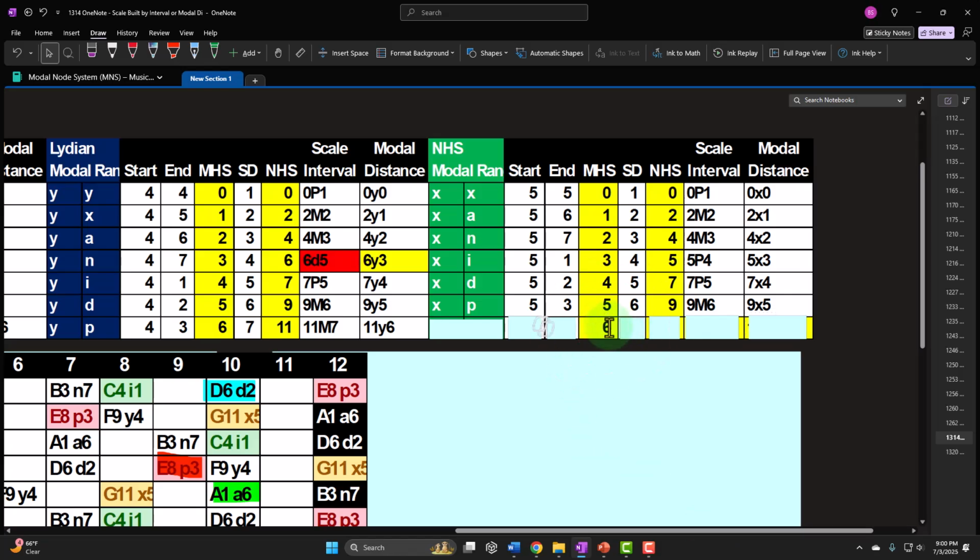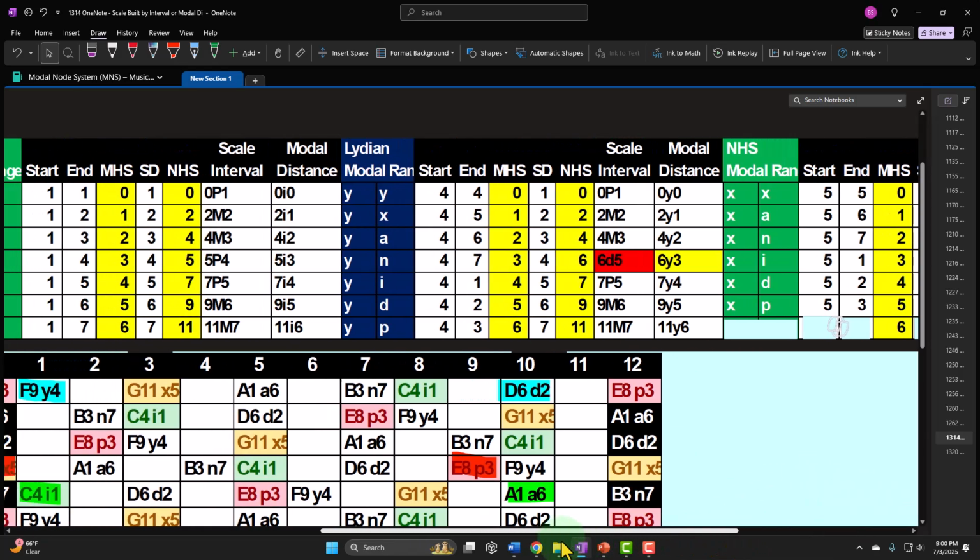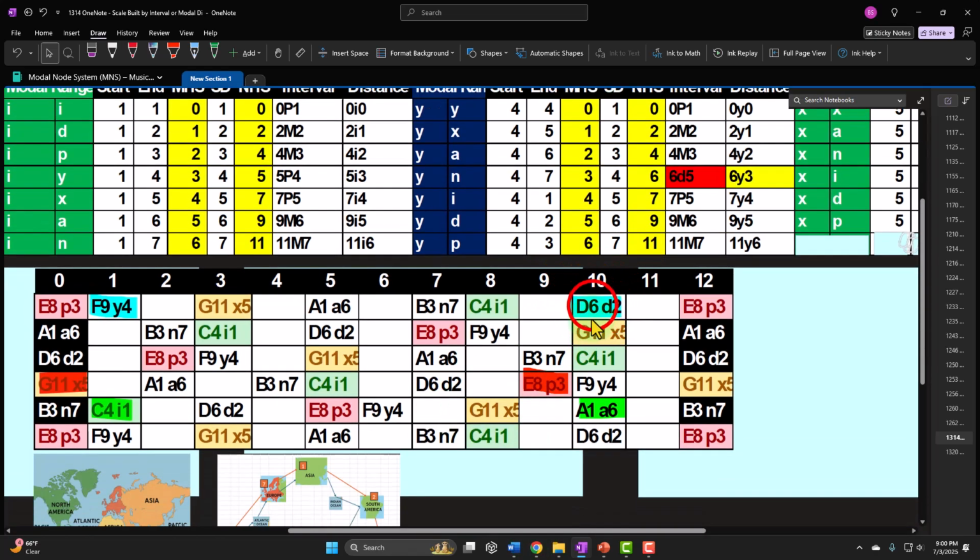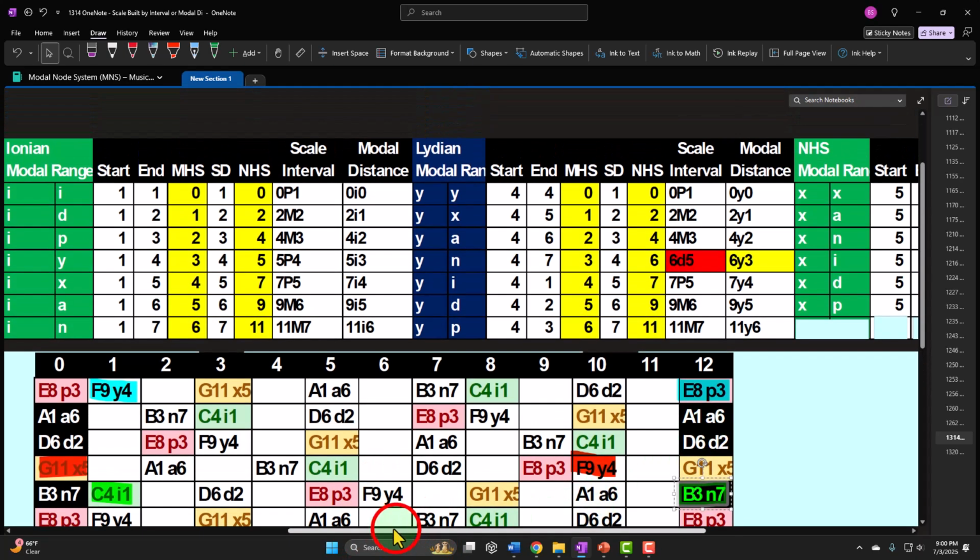Okay, so lastly, if we go up 6 here, that would land me out here, and that would land me out here. And you've got to be saying, hey, look, I thought Mixolydian's exactly the same as the Ionian, isn't it? It's exactly the same.